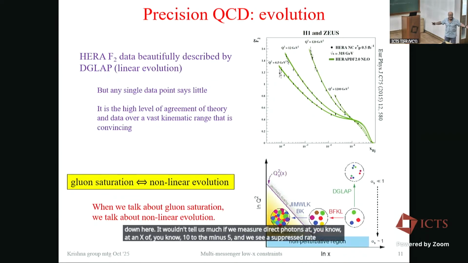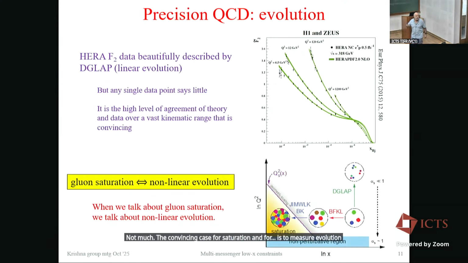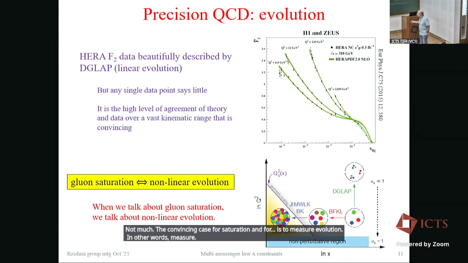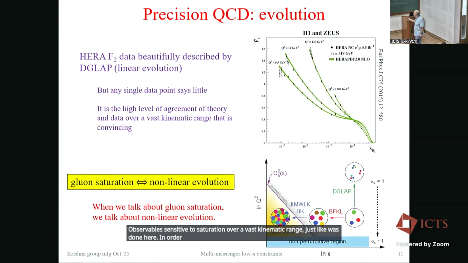What do we do with that? Not much. The convincing case for saturation is to measure evolution. In other words, measure observables sensitive to saturation over a vast kinematic range, just like was done here. In order to discover saturation, we have to redo this exercise, but now push to very low x, low Q squared.